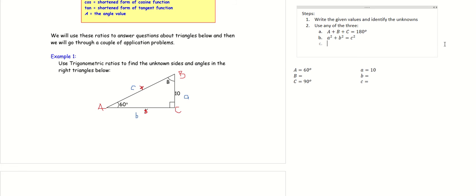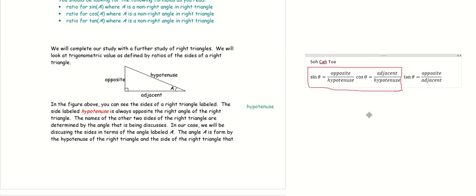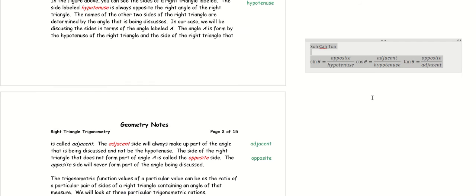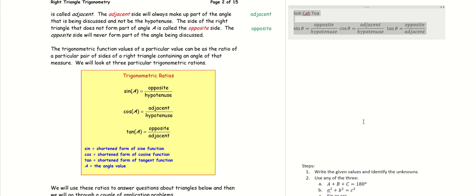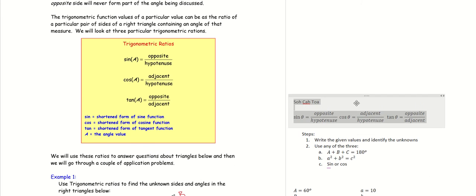Now, ano yung pangatlo? So, pangatlo, we can use sine or cosine. Kahit ano, whichever you like. So, I'll explain later kung bakit. So, I'll just get this thing here. Para malapit. Okay.